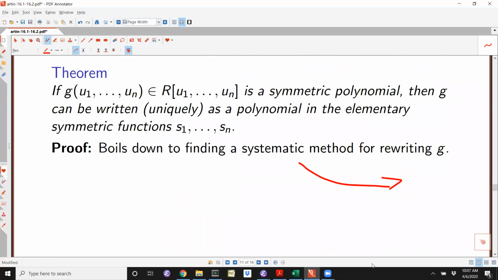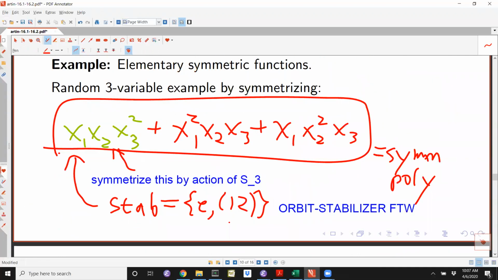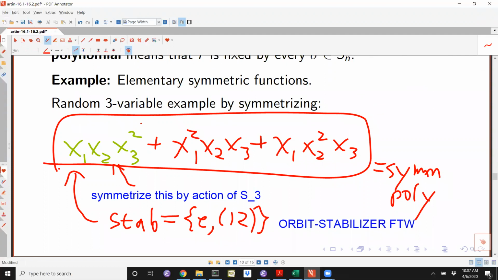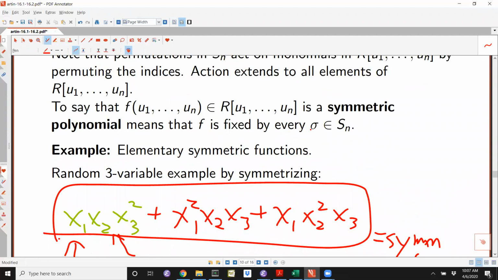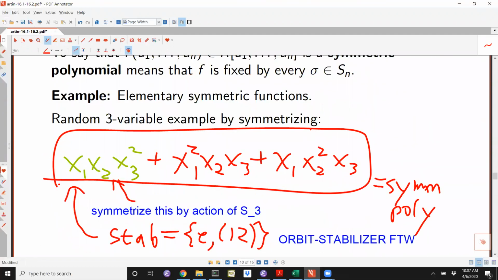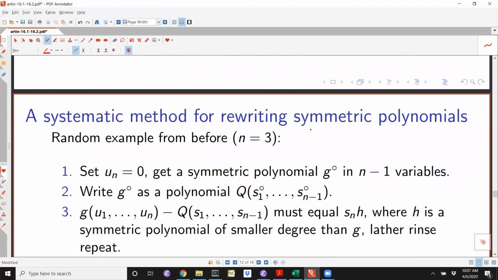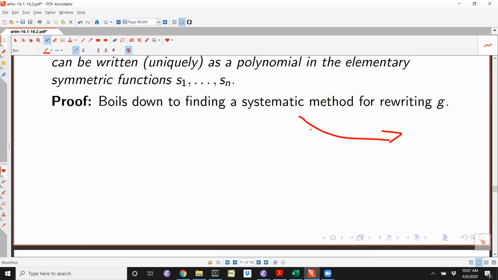So again, let me point out it's more interesting to look at examples. So here we have a symmetric polynomial, and actually, let me write that out. So for example, we had that symmetric polynomial.